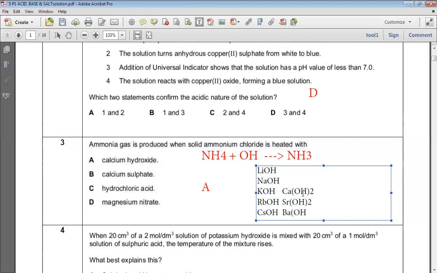These three metals belong to group number 2 in the periodic table. These 8 metals are strong bases.